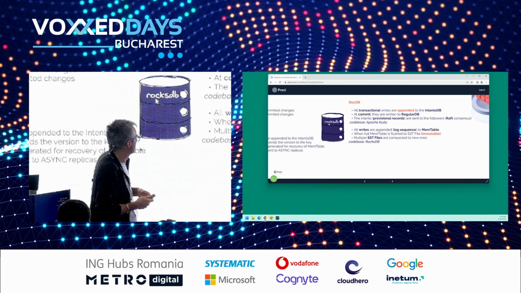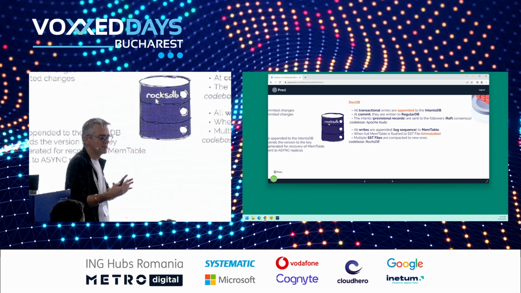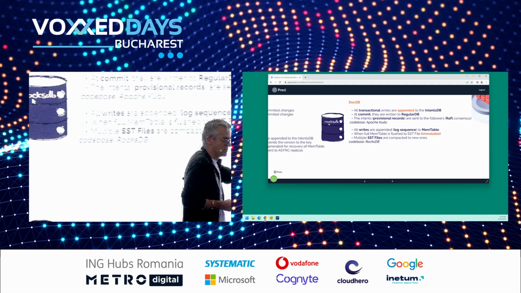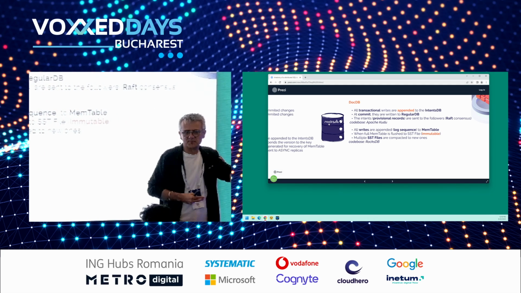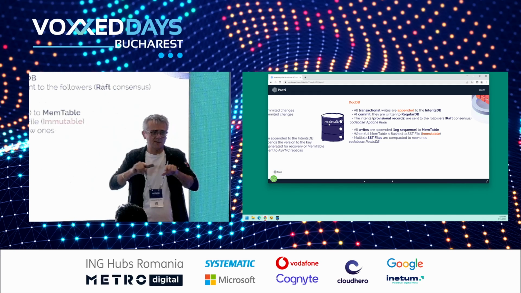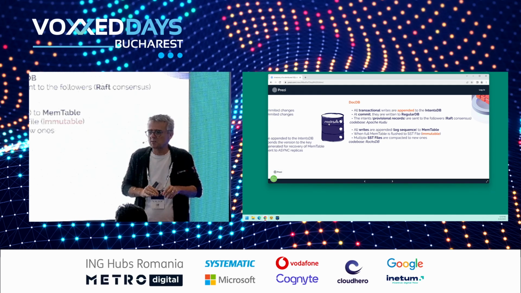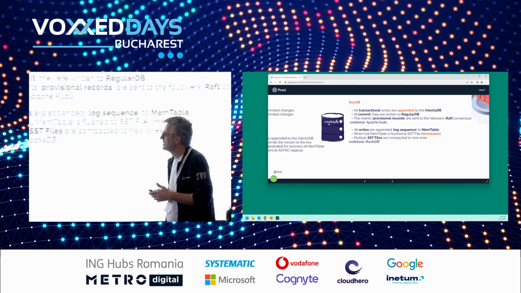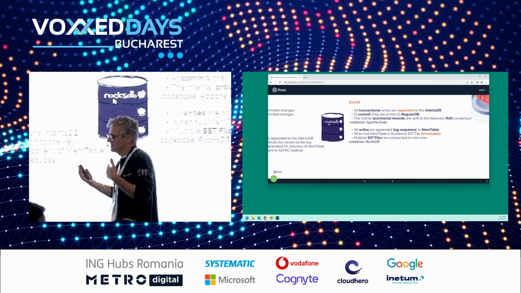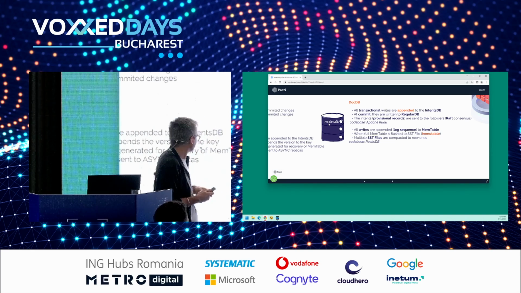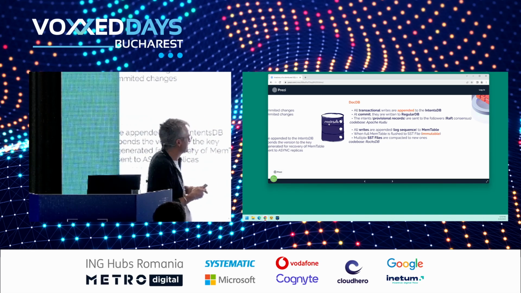So just to mention that there are two databases behind it. Probably the one with the provisional records will never be flushed to a file, because by default the memtable, the first level, is 100 megabytes, and except if you have very long transactions, it never goes there. So it looks like an additional database, but it's just a buffer that is protected, of course, and replicated also.